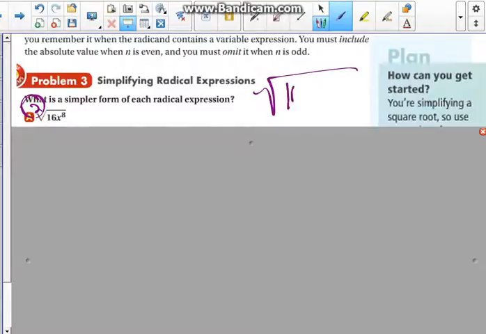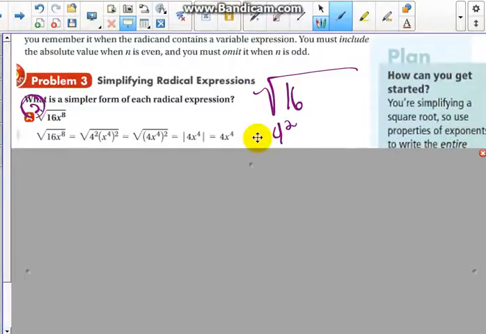So we've got 16. What can we square and get 16? 4 squared. And what can we square and get x to the 8th? We'll just divide the exponent by 2. That's the trick, right? 8 divided by 2 is 4. So it's going to be x to the 4th, squared.